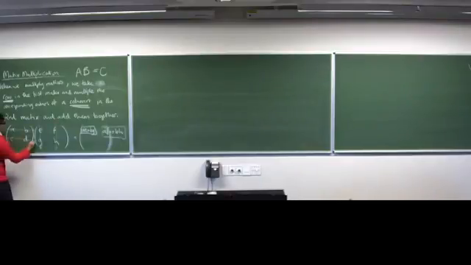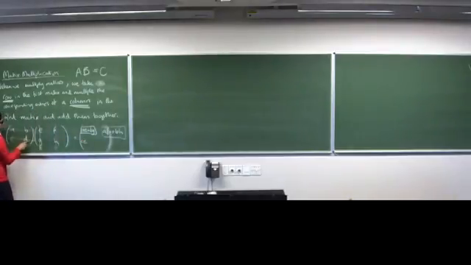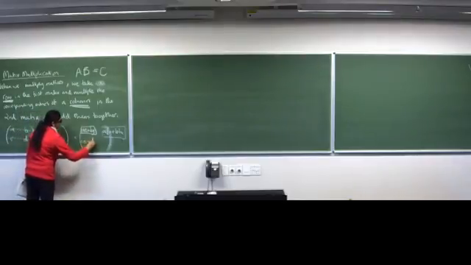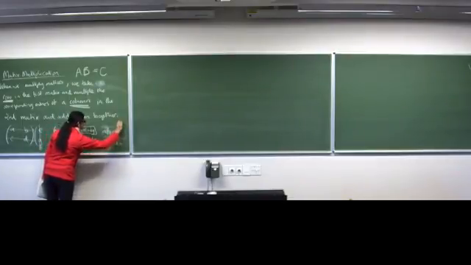So we're going across and down. We go across and down when we do matrix multiplication. CE plus DG. All right? And the other one is CF plus DH. So we're going across and down. All right?